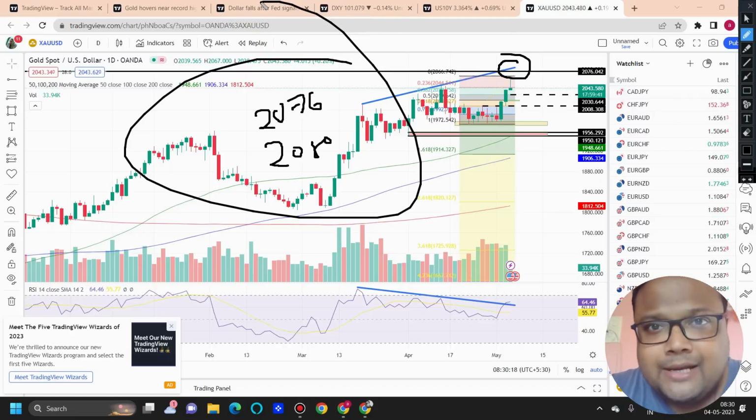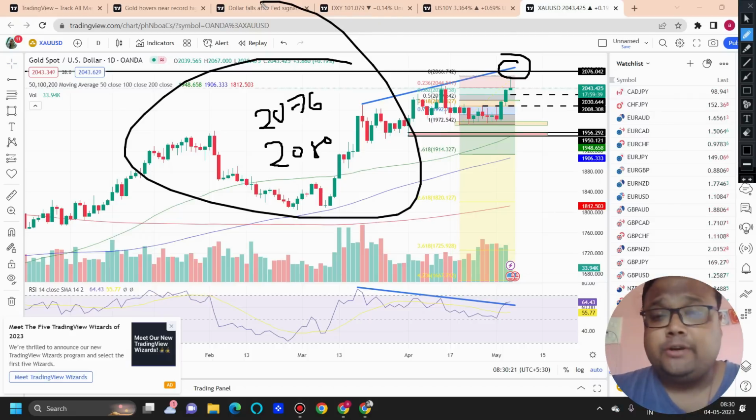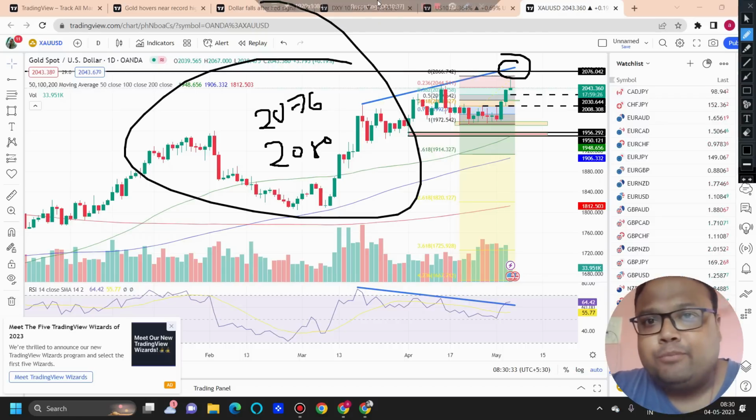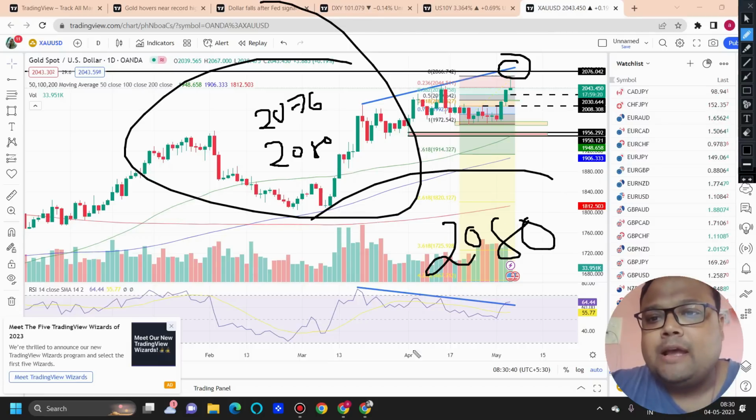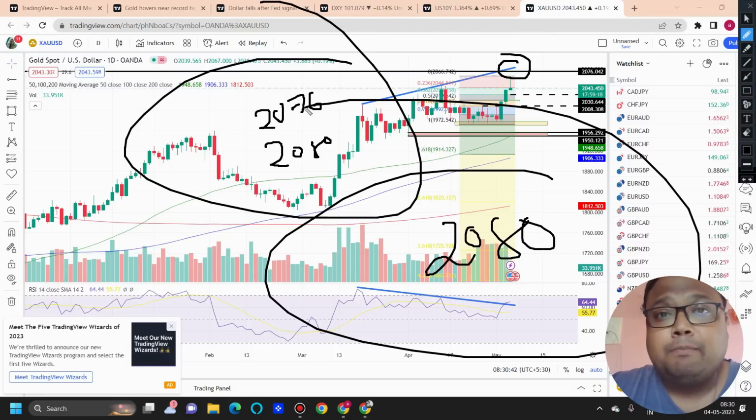If you have the risk appetite, if you know how to take the risk with risk management, you can go for a quick sell opportunity. But if you're a new trader, if you do not know how to manage the risk, if you are struggling with the market, then forget about it. Okay, try to look for buy positions only on the levels that I have mentioned. Okay, and if market breaks 2080 level, above this level we can also look for a buy position.